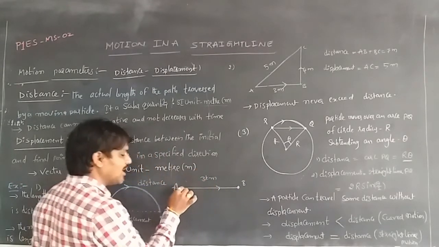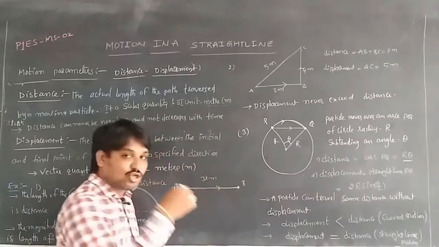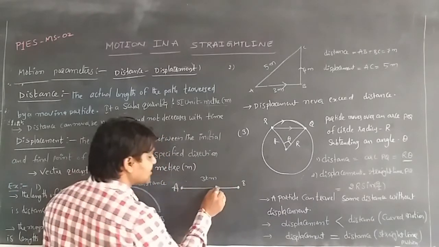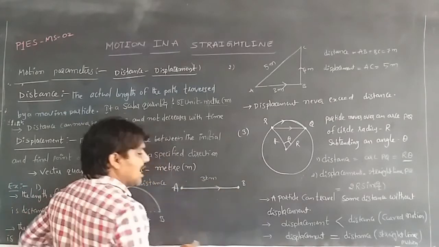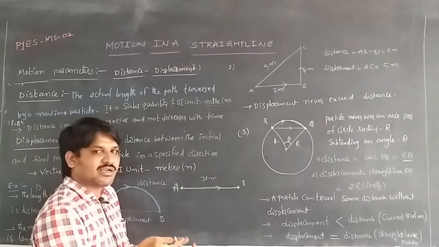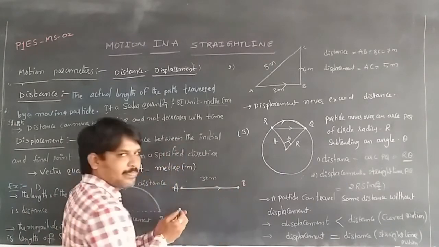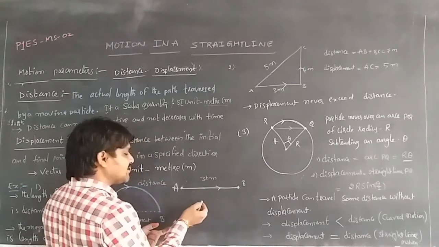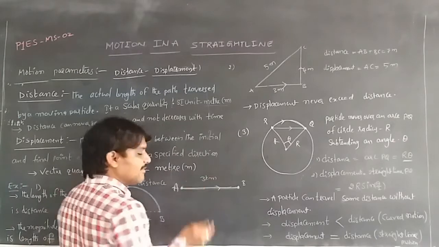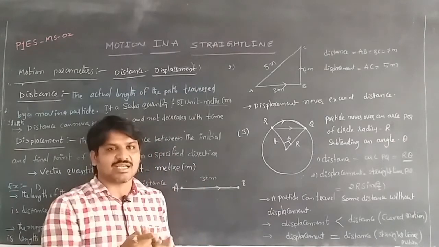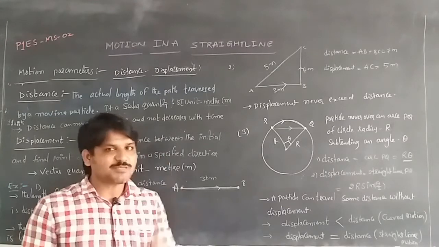Since the body is moving along a straight line without changing its direction, the 3 kilometers is the distance, and the displacement is also the straight line in a specific direction from the initial point to the final point, which is this only. So that's why this is the displacement and this is the distance. When the body is moving along a straight line, the displacement and distance are equal.